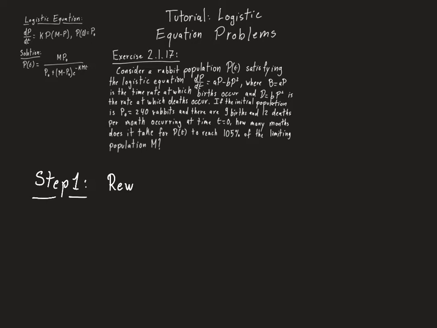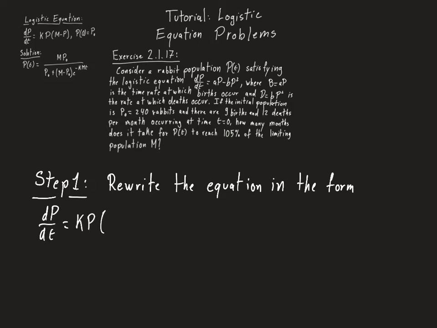So step 1 is going to be to rewrite the equation in the form dp/dt is equal to kp times (m minus p).